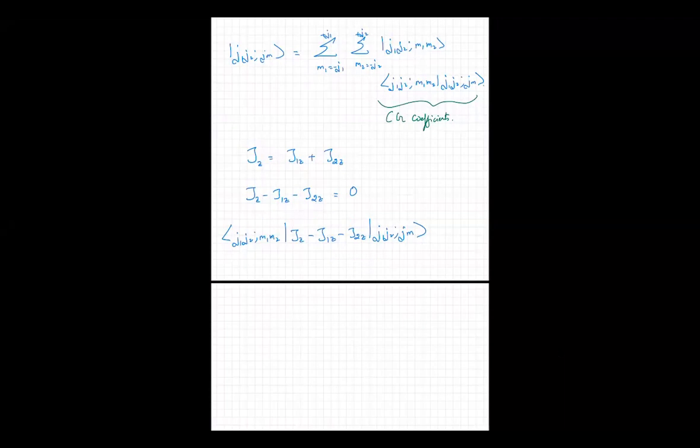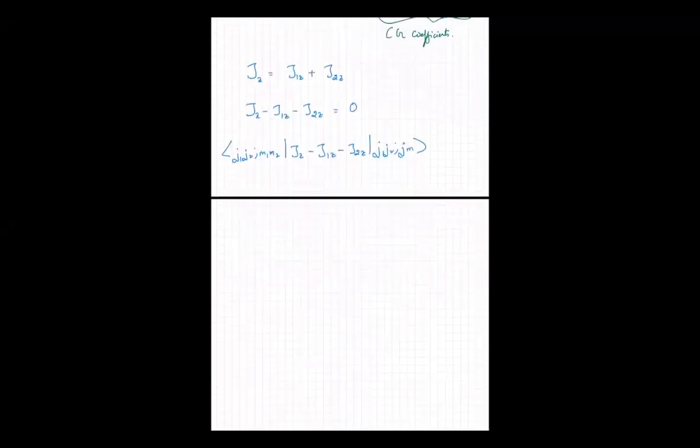So if you do this, this matrix element is equal to 0 because we are calculating something relating to a null operator. So this tells me that Jz acting on the right gives m, J1z acting on the left gives m1, and J2z acting on the left gives m2, times <j1, j2, m1, m2 | j1, j2, j, m>, and this is 0.